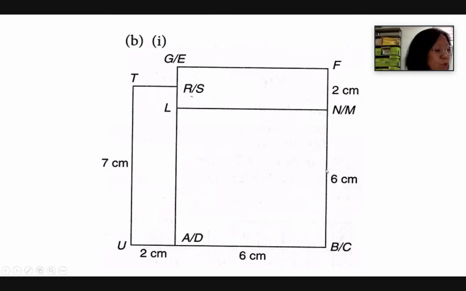And why is it 2 centimeters from the first part A? Yeah, from part A. Because ED, it is 8 centimeters. BN, it is 6 centimeters. That's why here must be 2 centimeters.